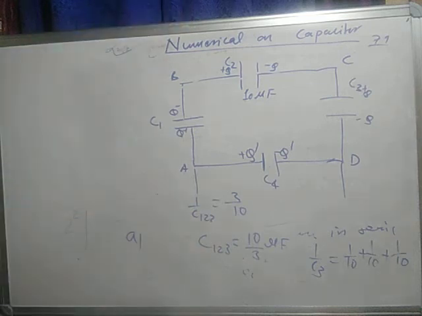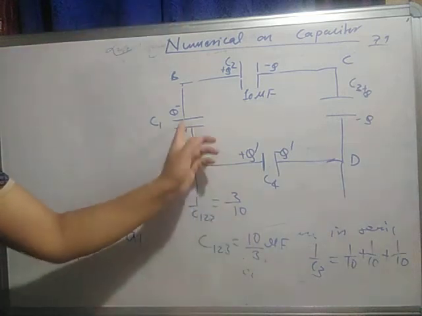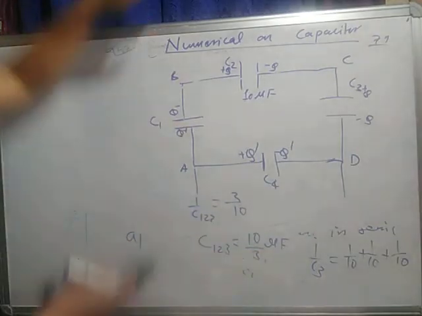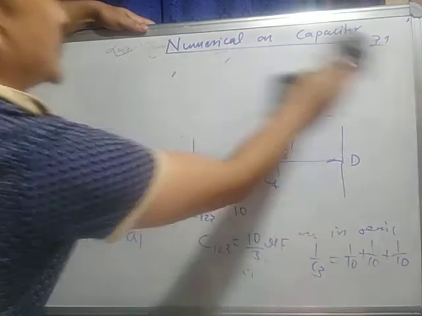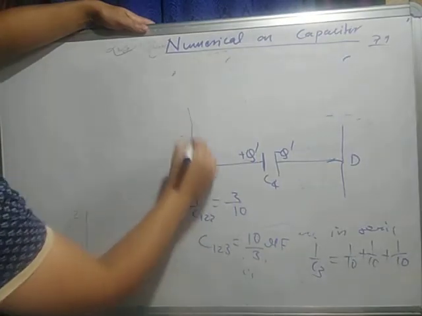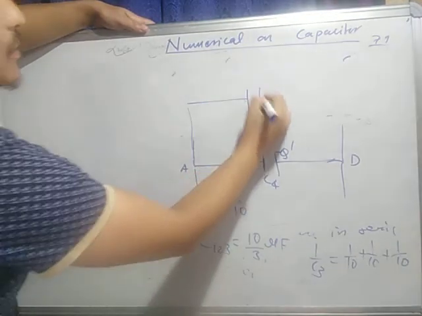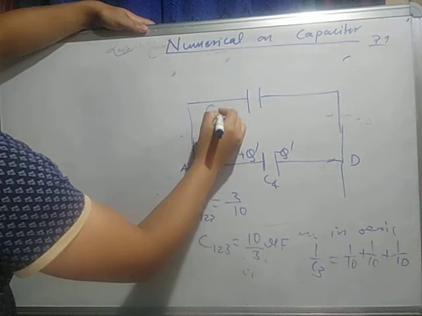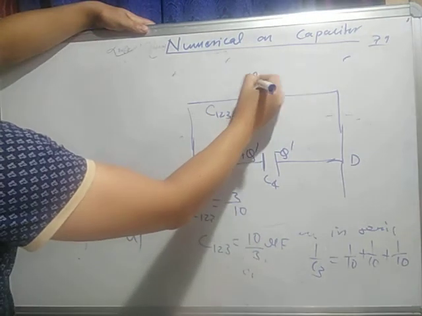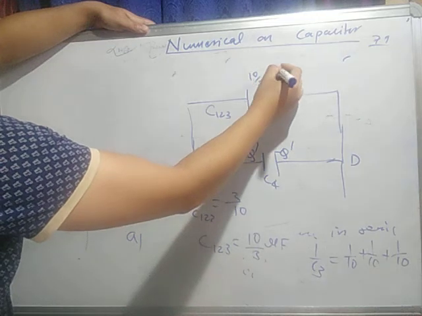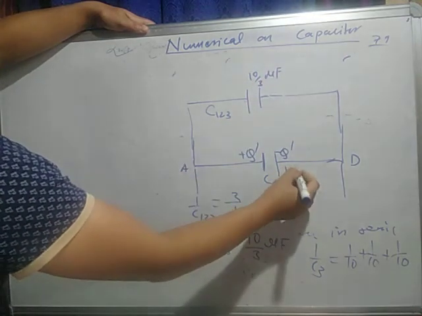So in place of all this, we can put this equivalent, which is C1, 2, 3, 10 by 3 microfarad. And this is 10, isn't it?